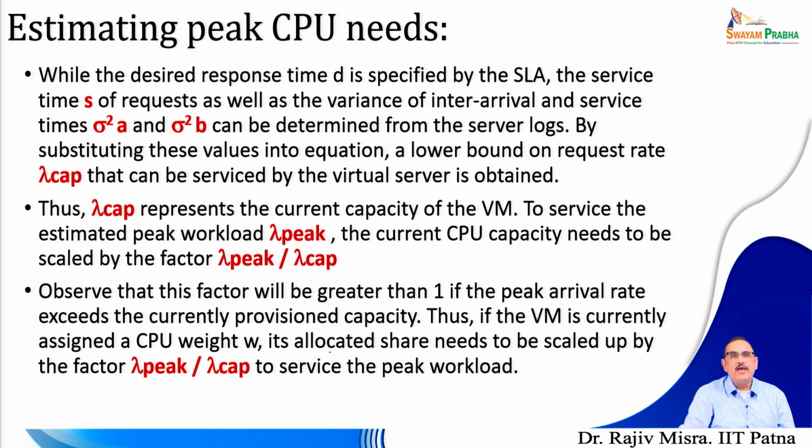So, what we have observed is that if this particular factor is greater than 1, the peak arrival rate exceeds the current provisioned capacity. Thus, if the VM is currently assigned CPU weight W, its allocated share needs to be scaled up by a factor lambda peak divided by lambda cap to service the peak workload.